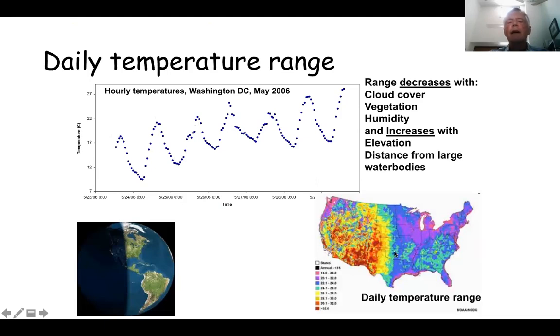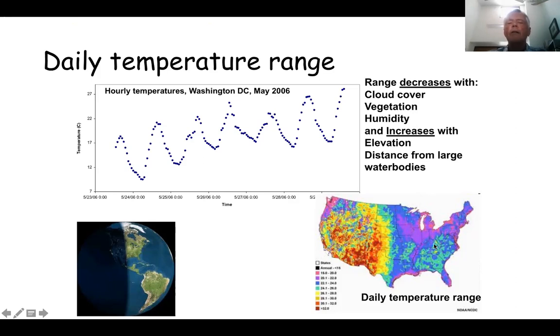So this heat map that I'm showing you here at the bottom is a heat map of the range of daily temperature variation on average across the United States. And what you can see is that in the West, there's much more daily temperature variation than there is in the East. And that's because daily temperature variation decreases with cloud cover.